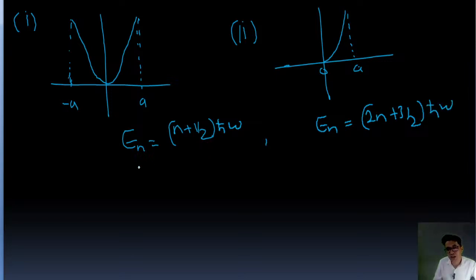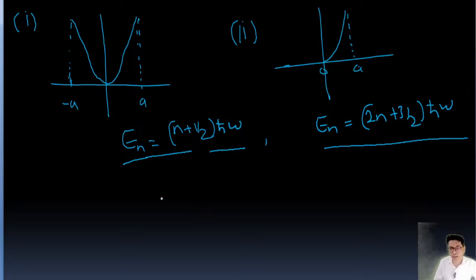So these are the energies. Now we are going to find these values using the WKB method, and I will solve this one by one. This is the energy eigenvalue for the complete harmonic oscillator. This is the energy eigenvalue of the half part of the harmonic oscillator. Okay, so I'll start with this one, first one.